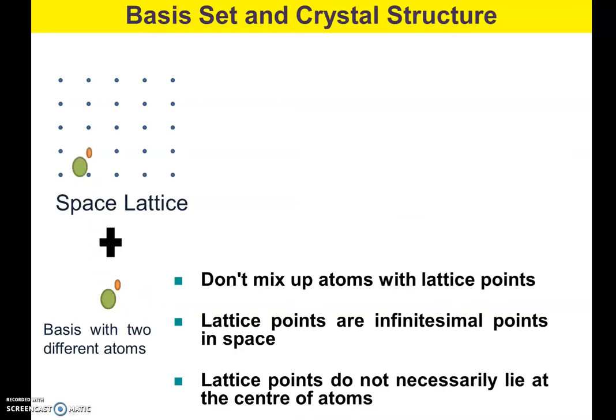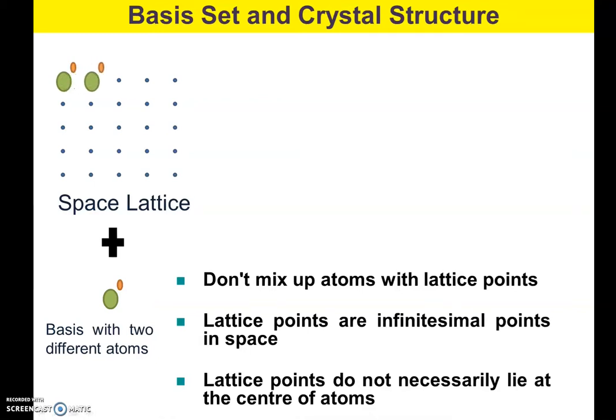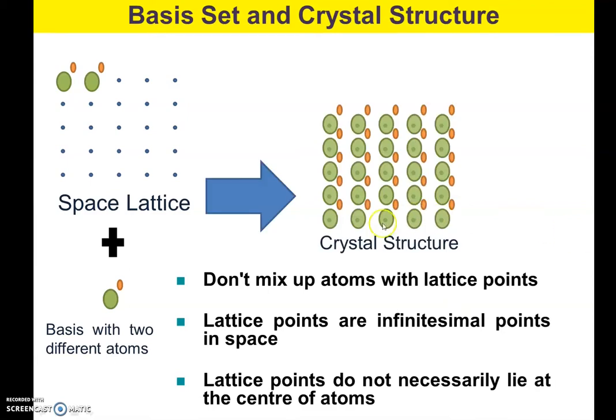You take the basis and keep it at each of these space lattice points. If I keep repeating this pattern on the space lattice, eventually you will end up getting the entire crystal structure of your material. Okay? So you have to be careful not to mix up your atoms with the lattice points. The lattice points are infinitesimally small points in space, and they do not necessarily have to lie in the center.